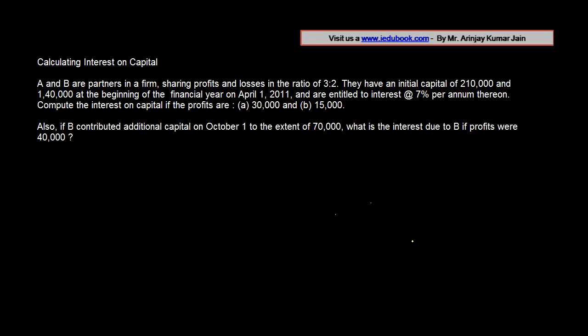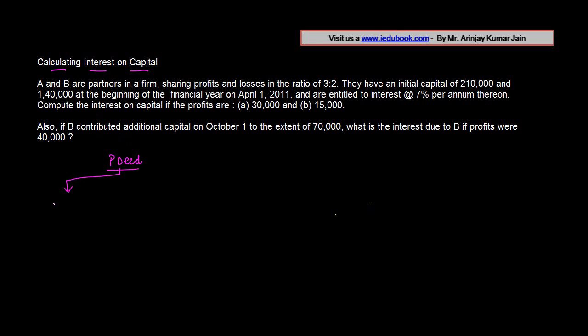Okay, let us take a problem on calculation of interest on capital. Now there are two things here, one which I told you earlier. Whether or not interest on capital is to be allowed, one has to go back and see the partnership deed.